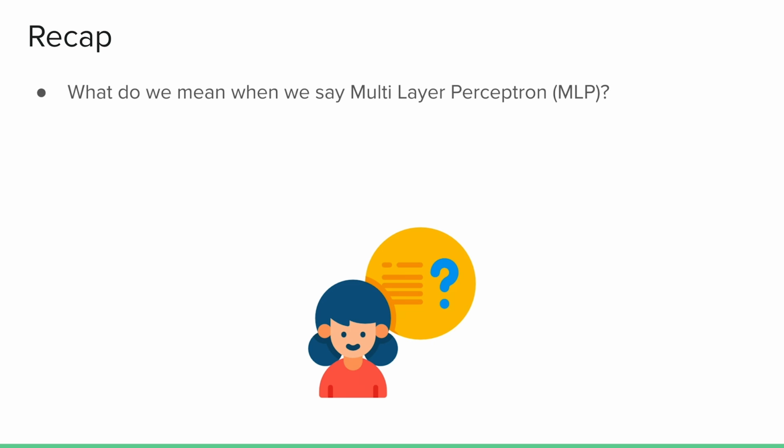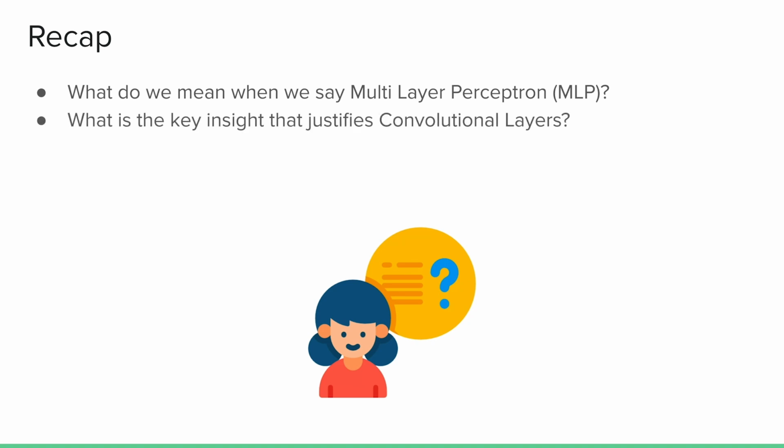So what do we mean when we say multi-layer perceptron? Well, it's a neural network that is fully connected, where we have dense layers between each layer. So every neuron is connected to every neuron of the previous layer. The key insight that justifies the use of convolutional neural networks is that for images especially, we don't need the full information of all input data at the same time, but rather have information in a local area only.